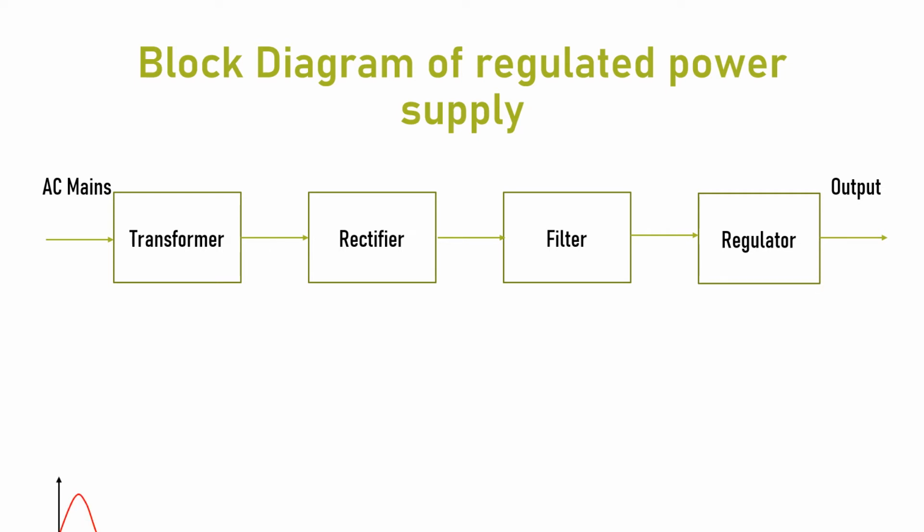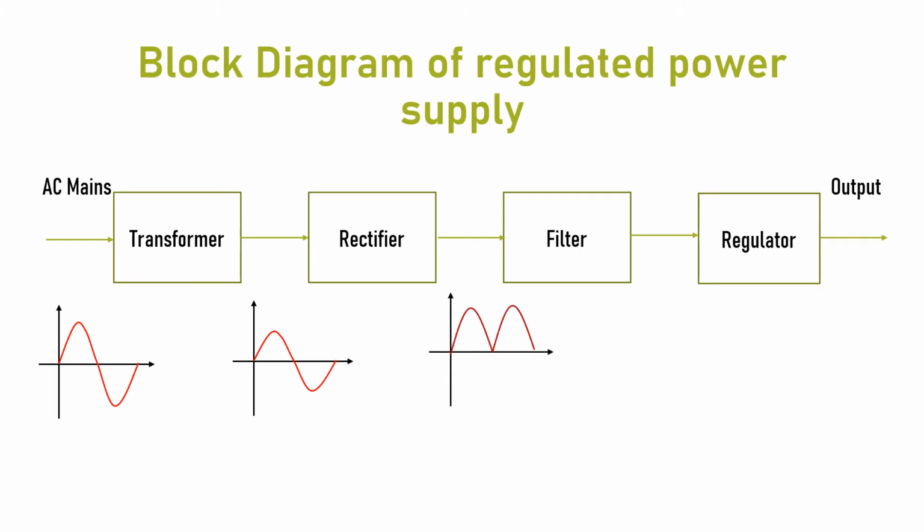It will be a sinusoidal voltage that we get, and that sinusoidal voltage is stepped down using a transformer, so that the high voltage is reduced to a smaller voltage. Then we use a rectifier circuit, which converts AC voltage into a DC voltage.